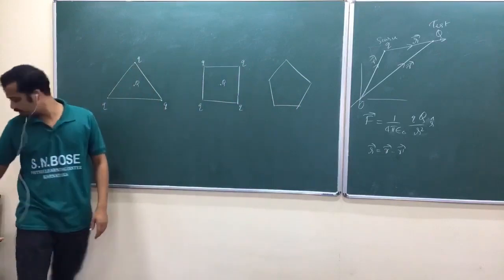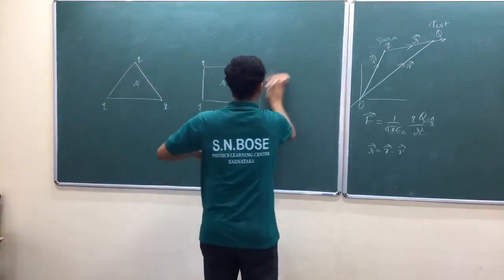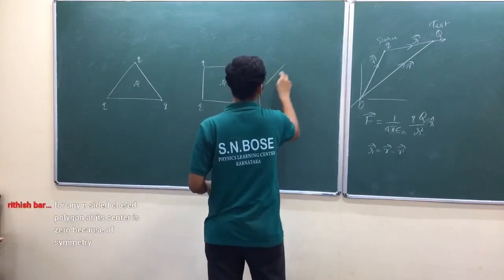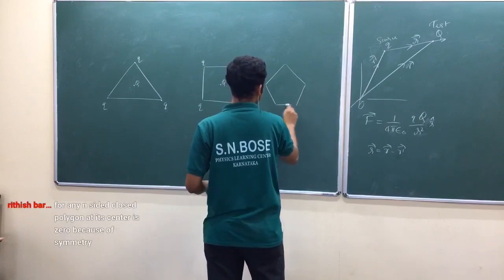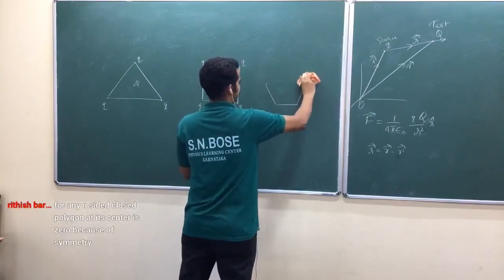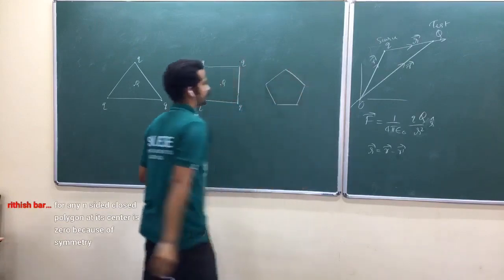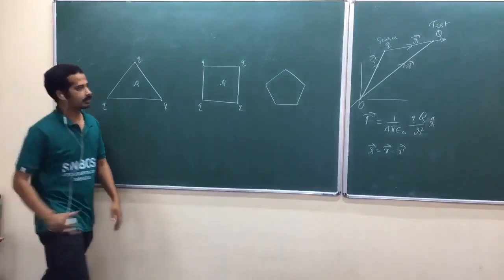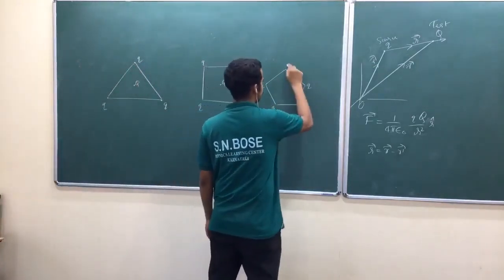So, but it's not regular, isn't it? It's a pentagon, but it's not regular pentagon. Is that okay? Approximately. Is that okay? Regular pentagon. I have equal charges at the vertices.